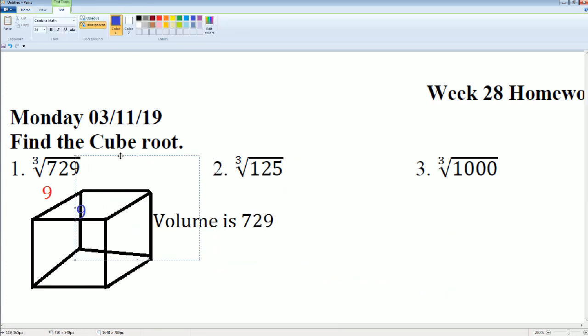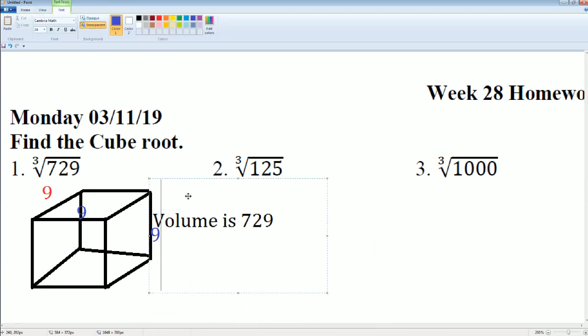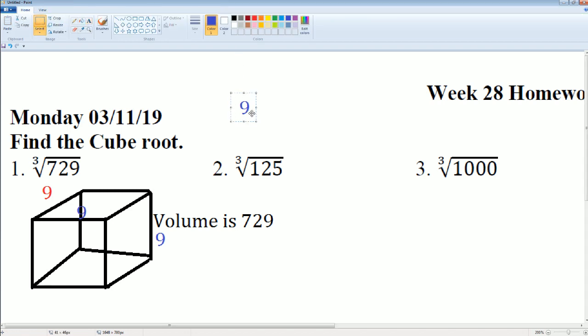So the length can be 9, the width can be 9, and the depth of the box can also be 9, because 9 times 9 times 9 gets you that volume of 729. That's what the cube root represents. A cube with this volume has sides of 9, 9, and 9.